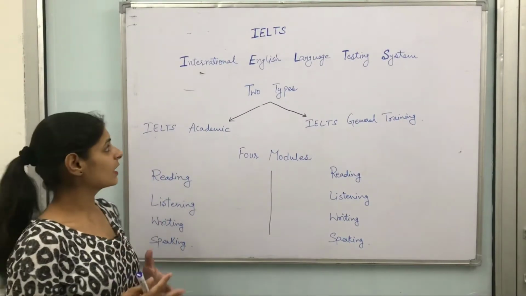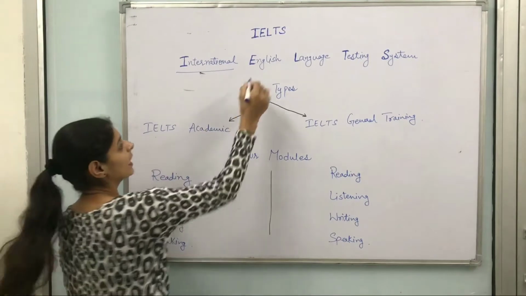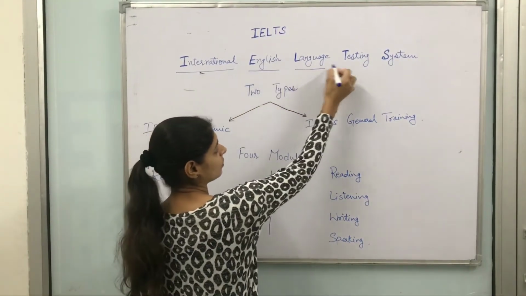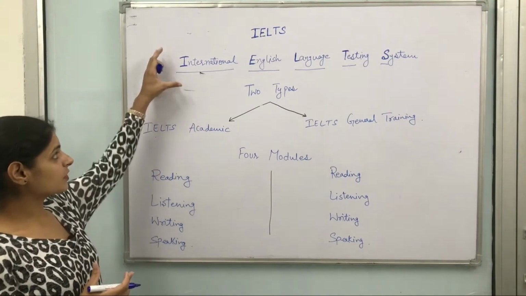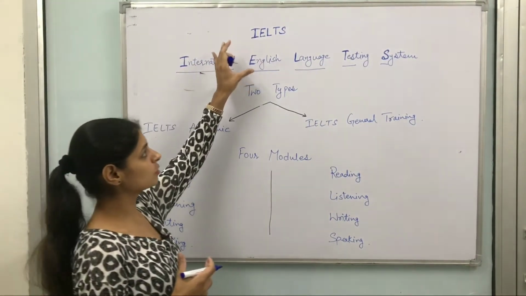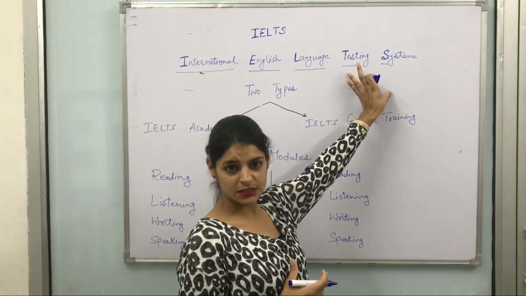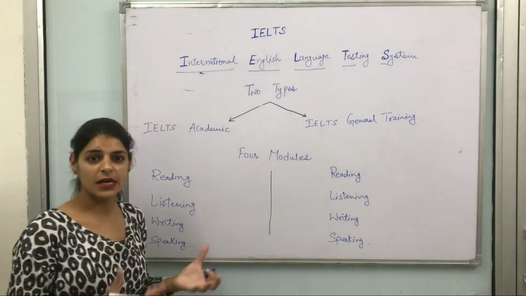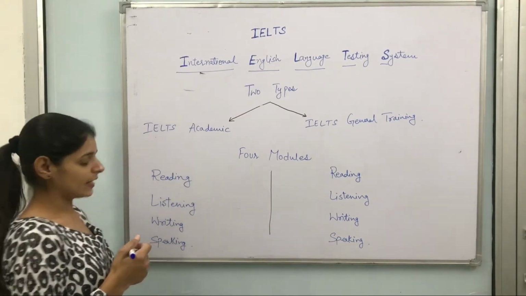So it's basically an international level English language testing system, which means that on the international level someone is going to check your English language. It is a full system which tests your ability of English language on an international basis, right?